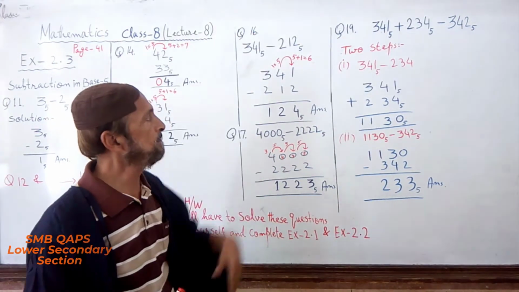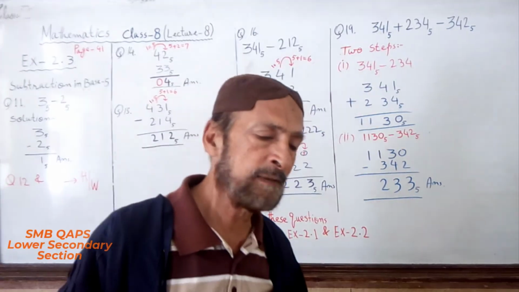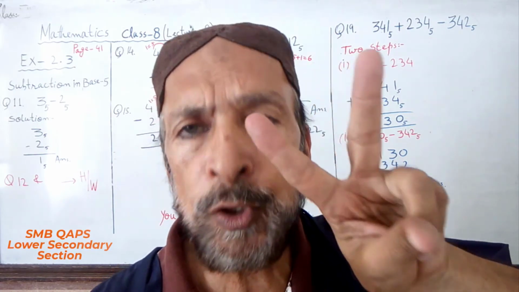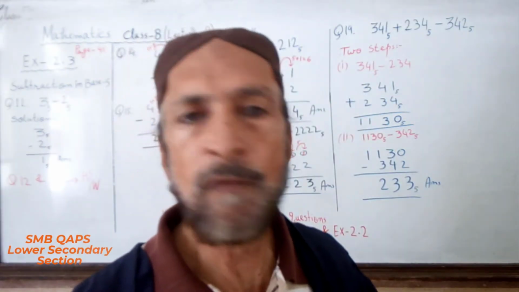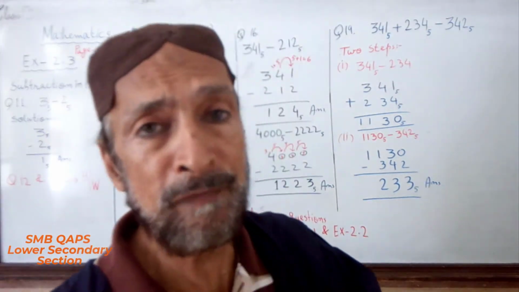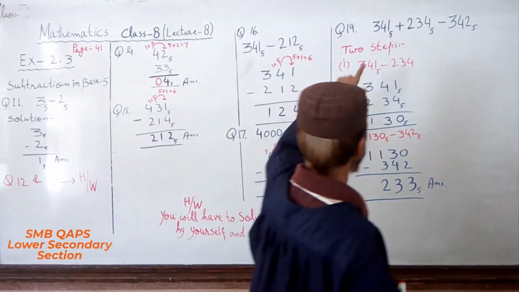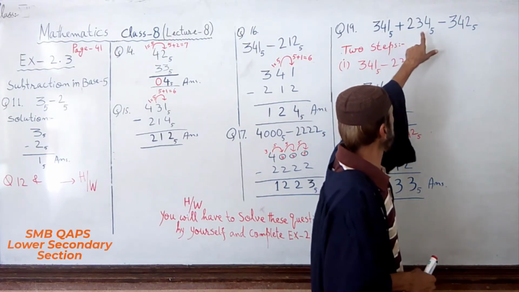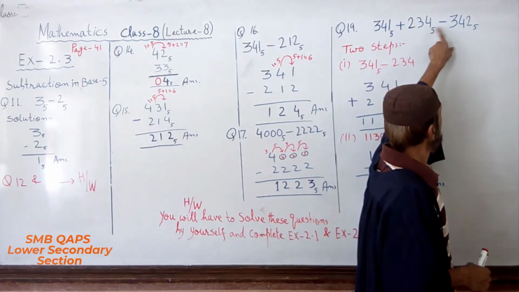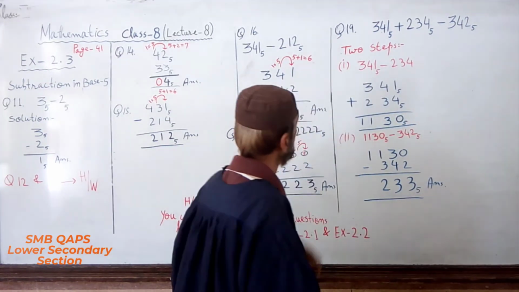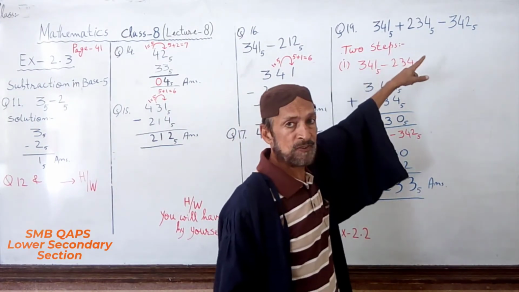Okay? Now, question number 9. It will be done in 2 steps. Why? The reason is that number 1. 341 base power 5 plus 234 base power 5 minus 342 base power 5. 2 steps.